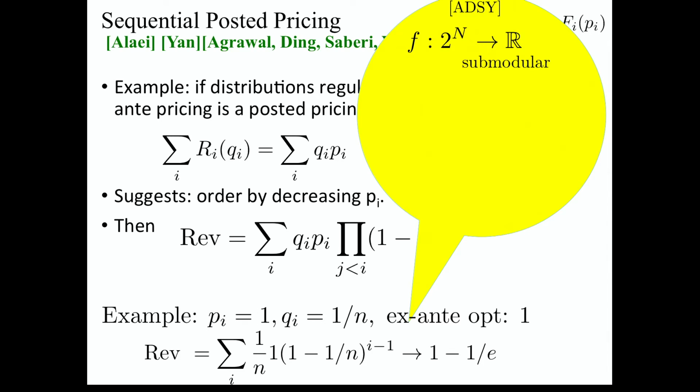That says, from stochastic optimization, that if you have a submodular function, so this function is mapping subsets of this set n to real numbers.